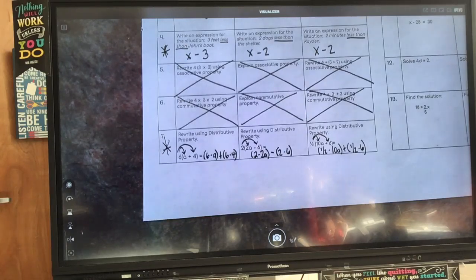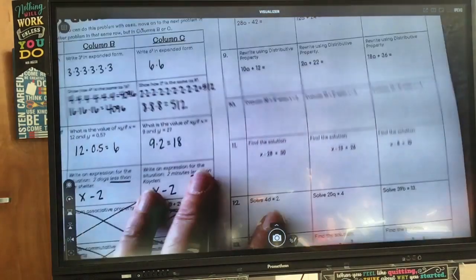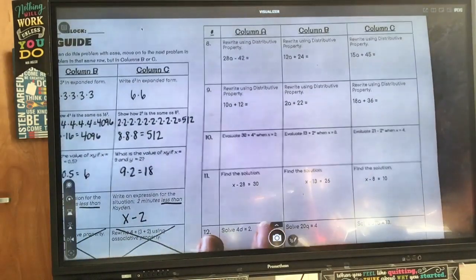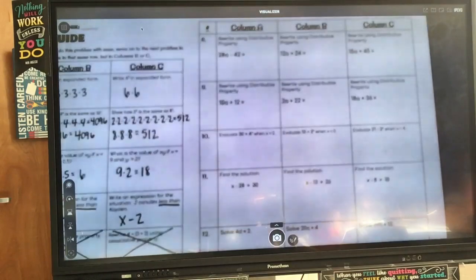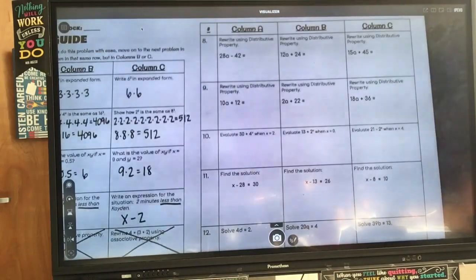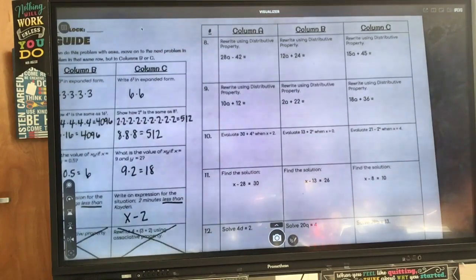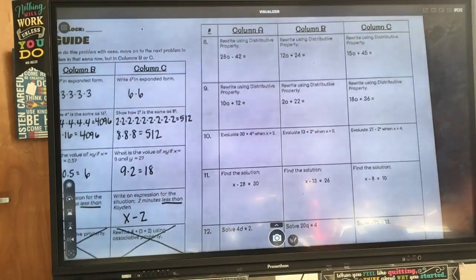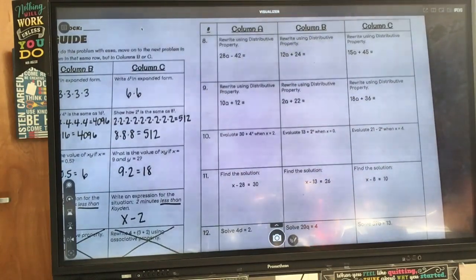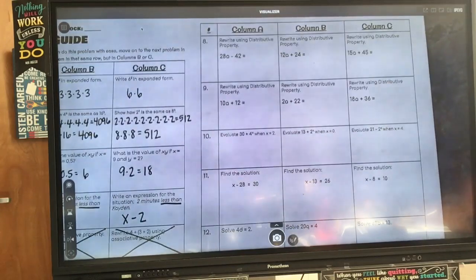Alright, let's slide over. So now this part of the distributed property, what is it asking you to do? To rewrite them.